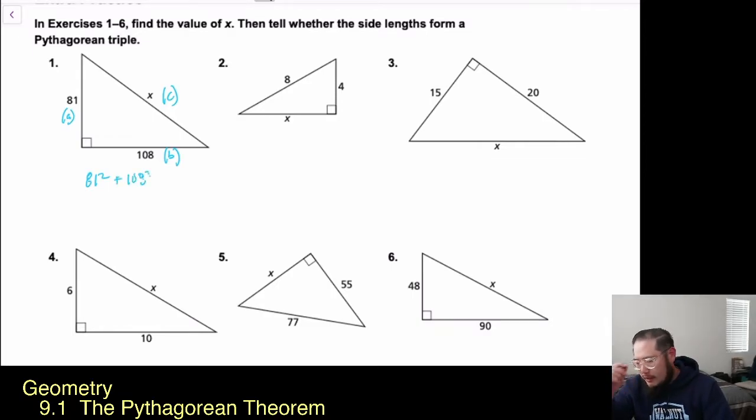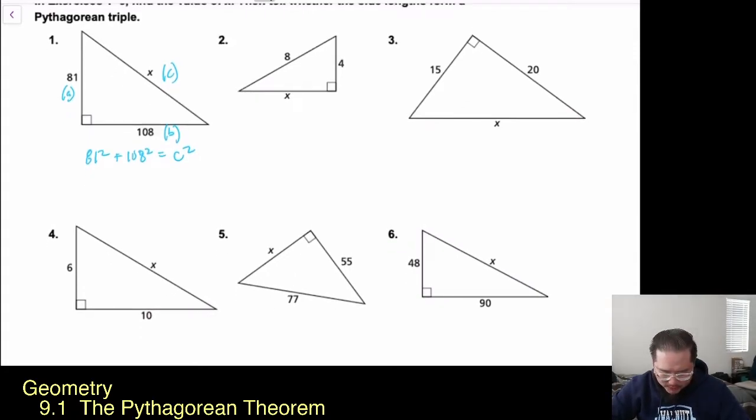A squared plus b squared is equal to c squared. 81 squared looks like 6,561, and 108 squared is 11,664, and that's equal to c squared.